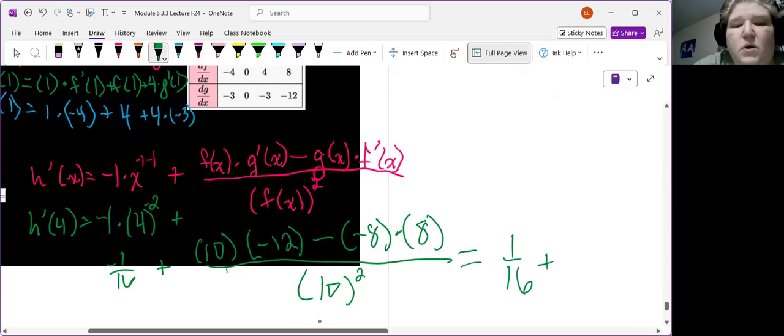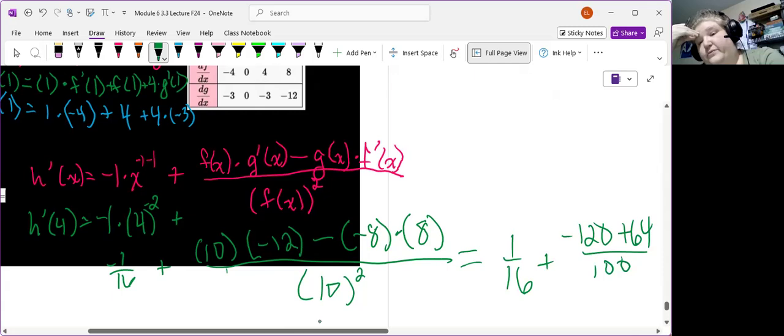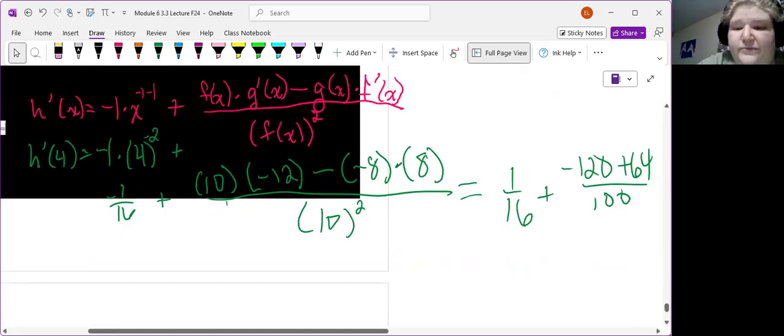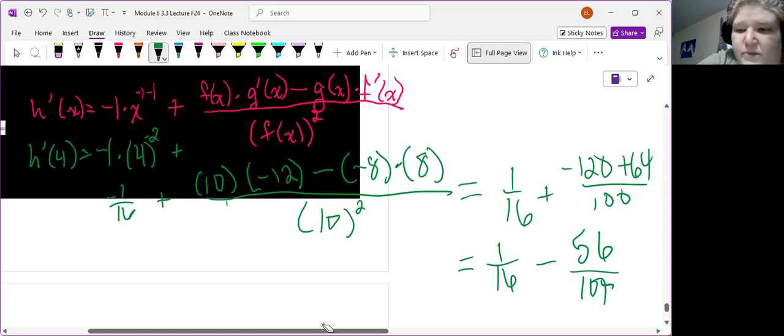So 1/16 plus negative 120, and then this would be plus 64 over 100. Oh, so what do we get? Negative 56? All right, so 56 is divisible by 4.